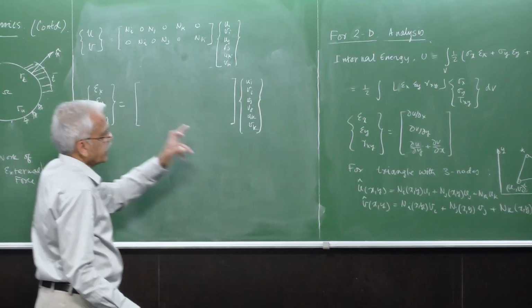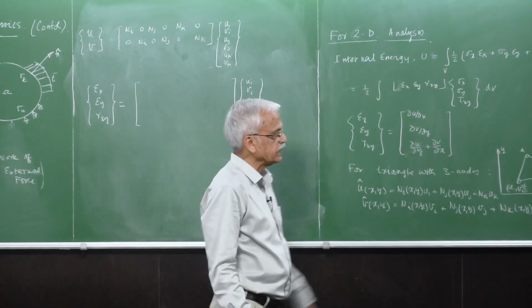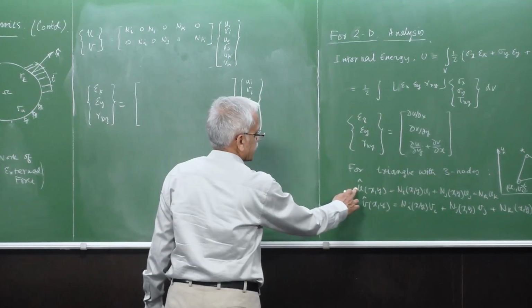And epsilon x is the derivative of u with respect to x, and this is u.